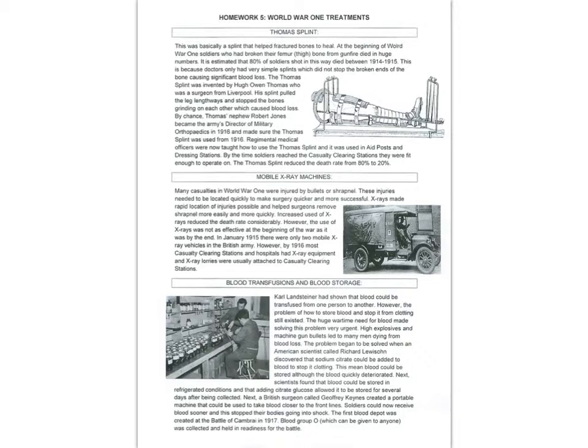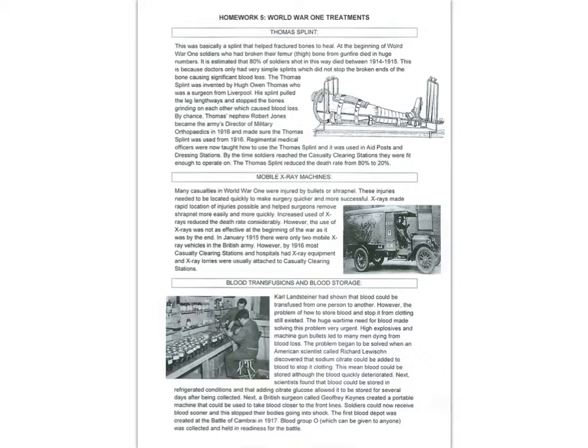Treatments. Once the soldiers had been evacuated, how were they treated? Well, what you're going to see is that war, and World War I in particular, was a particularly encouraging time of innovation. All these men with all these injuries allowed surgeons and doctors and medics to innovate and develop new techniques to help with the treatment.